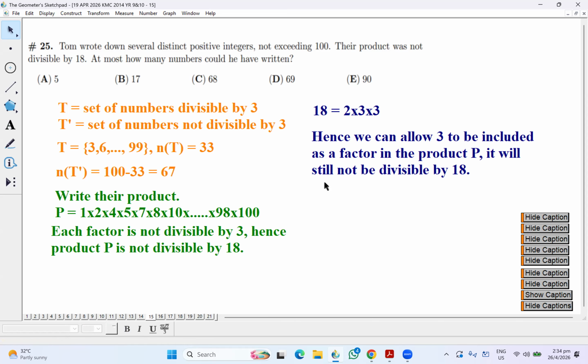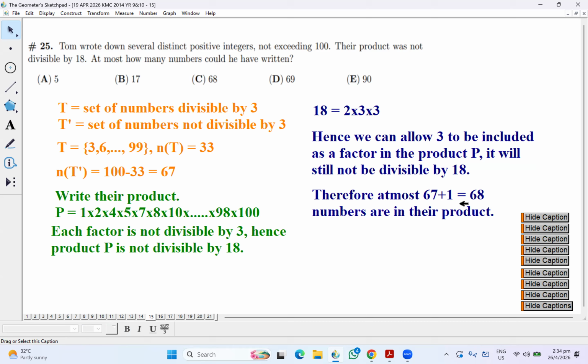It will still not be divisible by 18 because 18 requires double 3. If we allow one 3 inside, no multiple of 18. So at most 67 plus 1, 68 numbers are in their product.